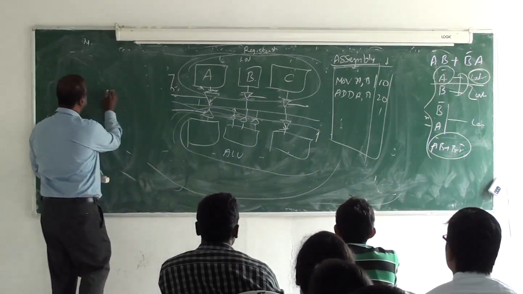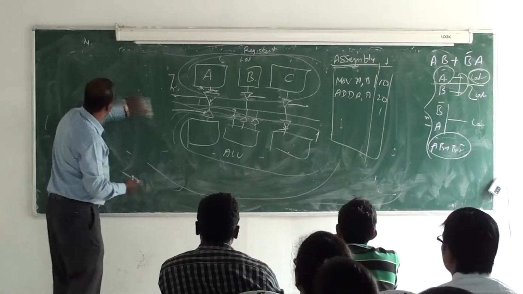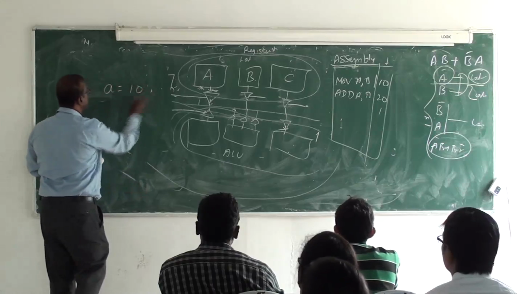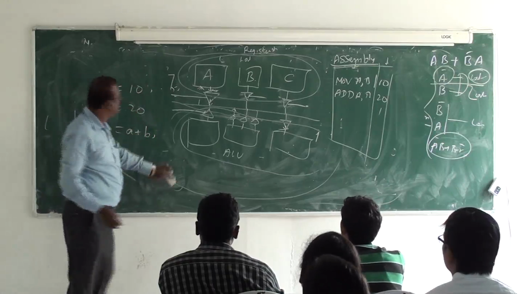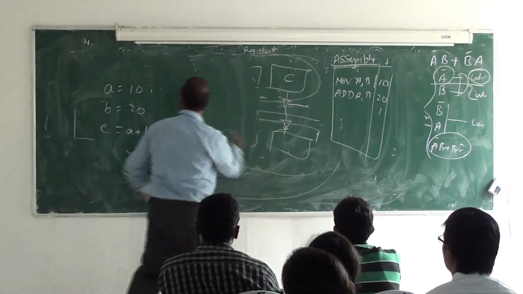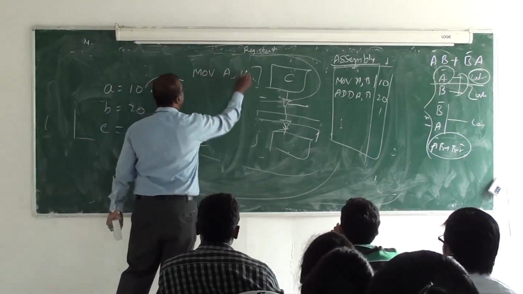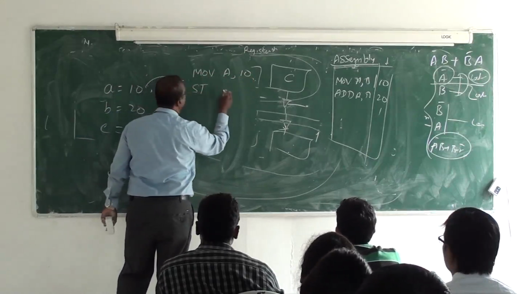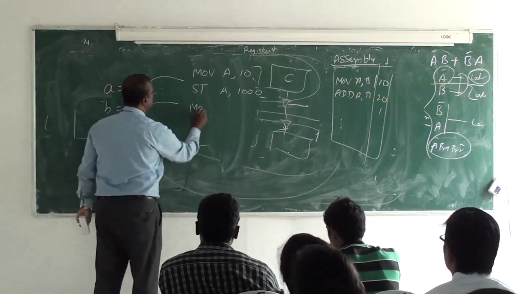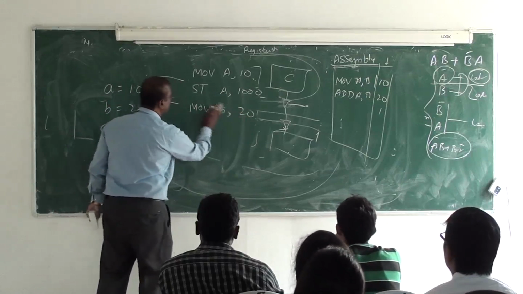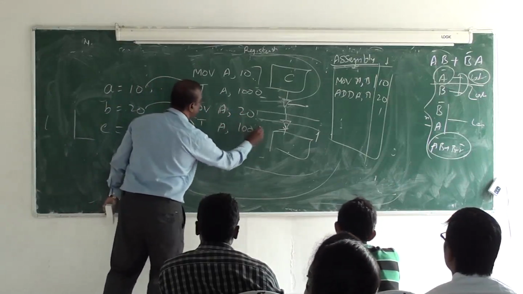Let me say C is equal to A plus B. I say A is equal to 10, B is equal to 20, C is equal to A plus B. What the other approach does: A is equal to 10, so I say move A comma 10, store A comma 1000. Then move B comma 20, store B comma 1001.